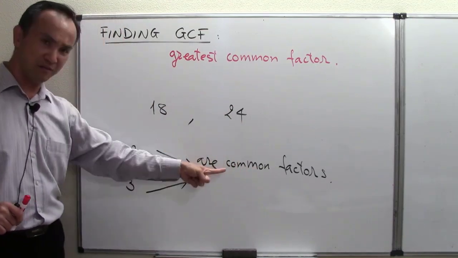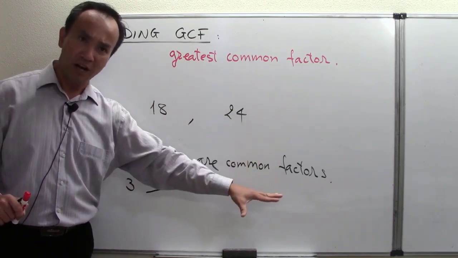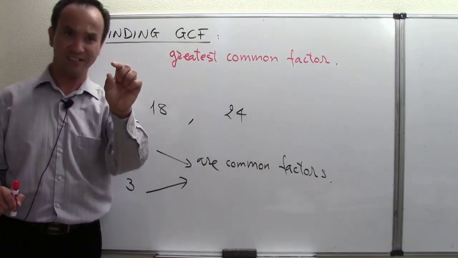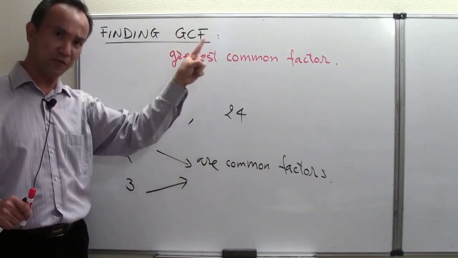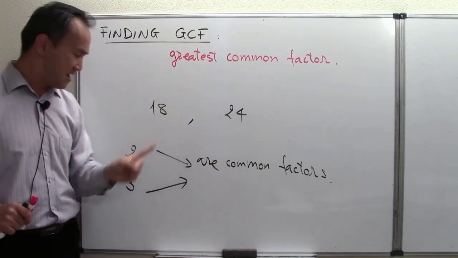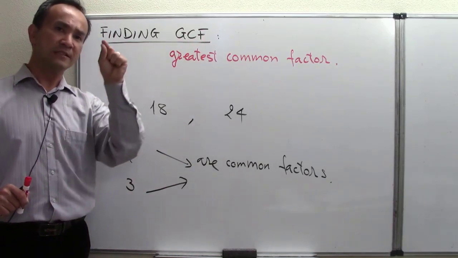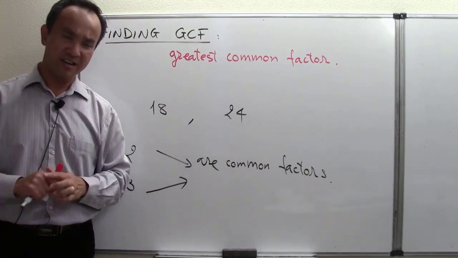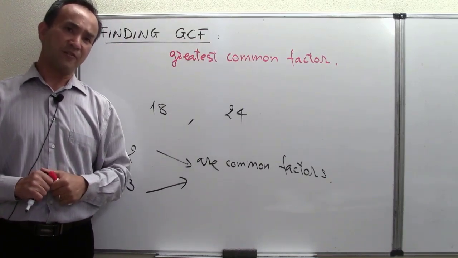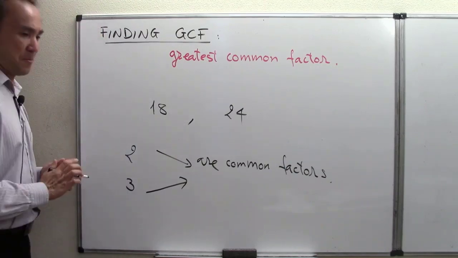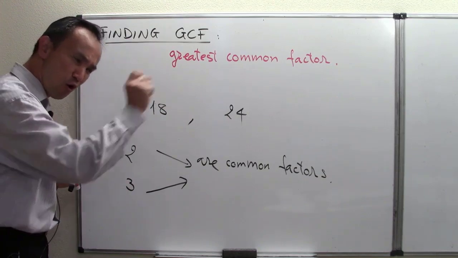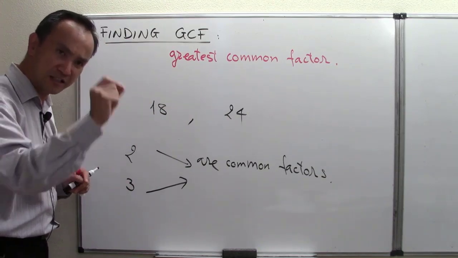Okay, and then among all of the possible common factors, we're looking for the greatest common factor, and once we have found it, the GCF, it will be the unique common factor, which is the greatest common factor, and there can only be one. Okay, so in that way, so now our goal is clearly to find the greatest common factor.